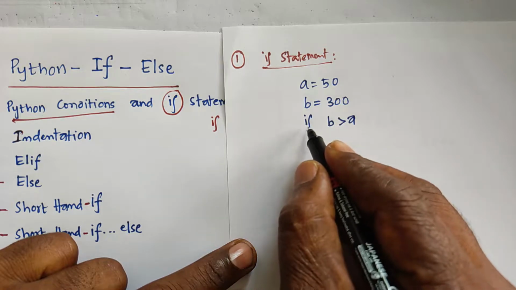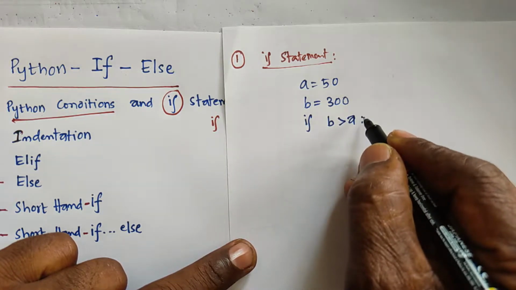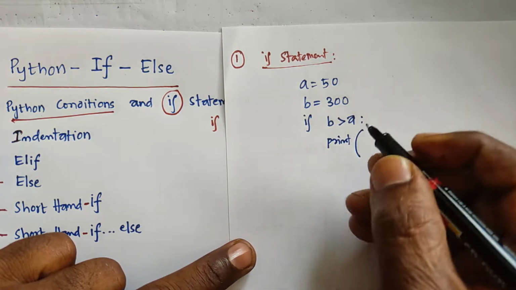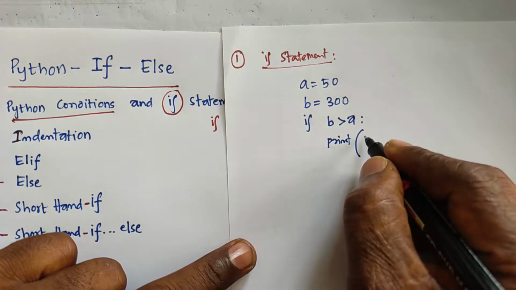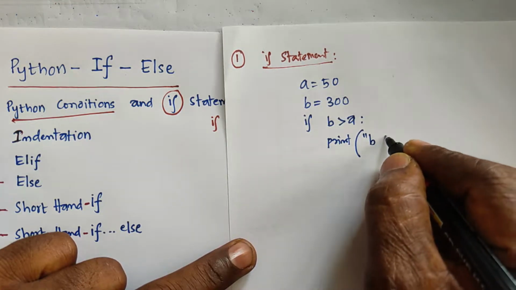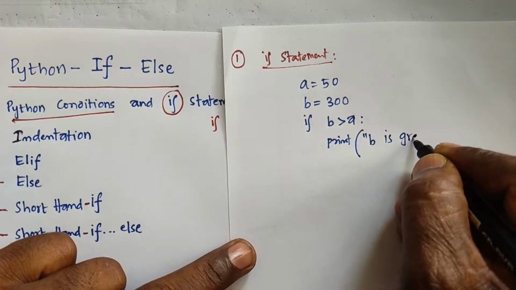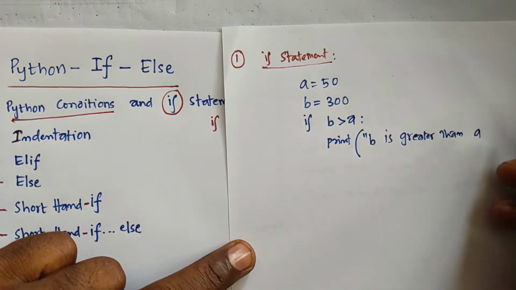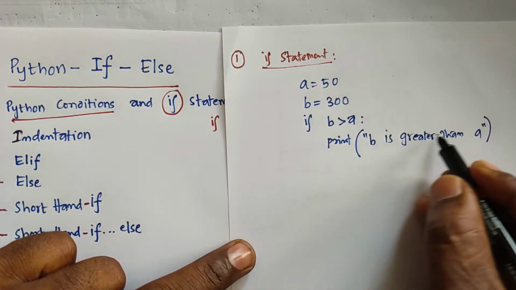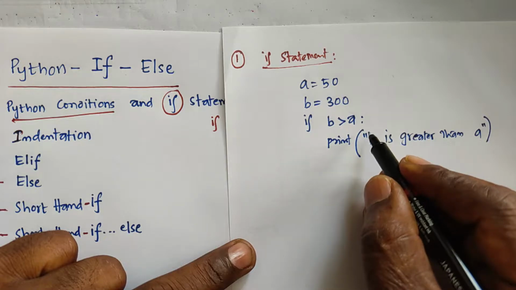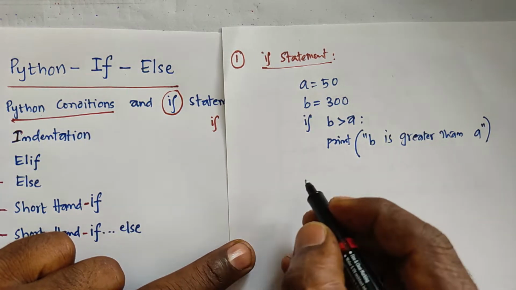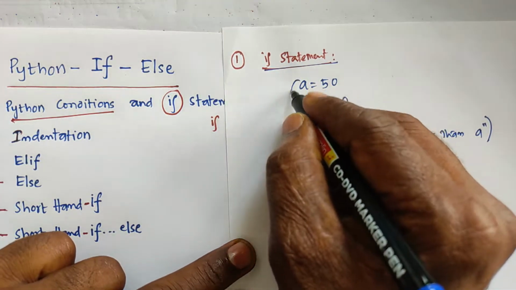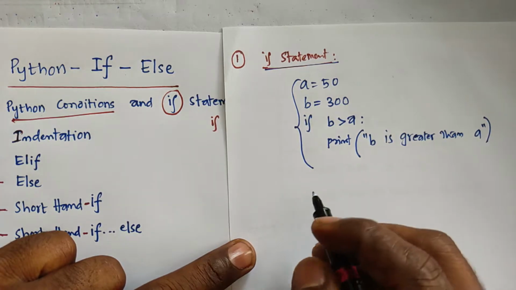Always, at the end of this statement you have to use the colon symbol. Then you write print, and if the condition is satisfied, you write a string: b is greater than a. At the end you conclude with double or single quotation marks. This is the actual output for the if statement: b is greater than a.